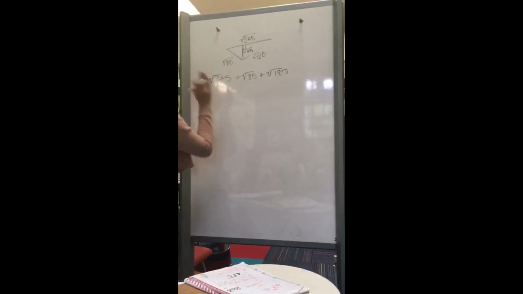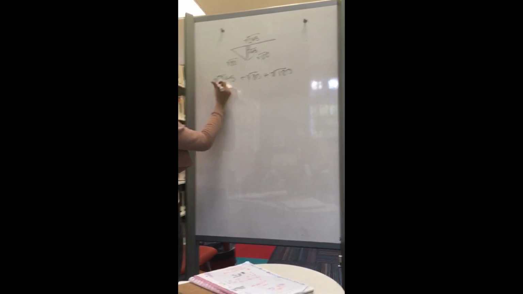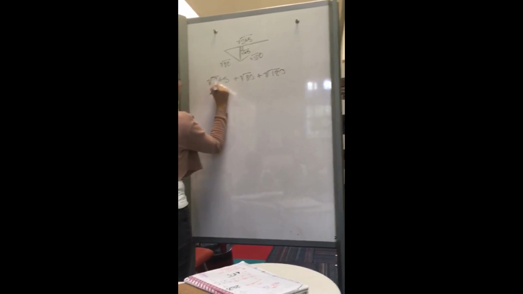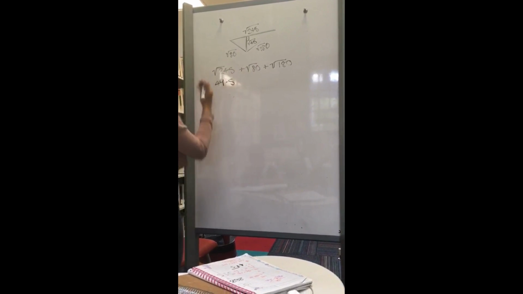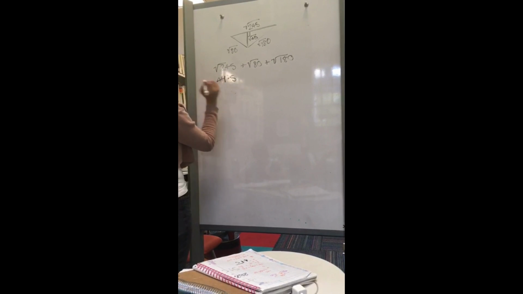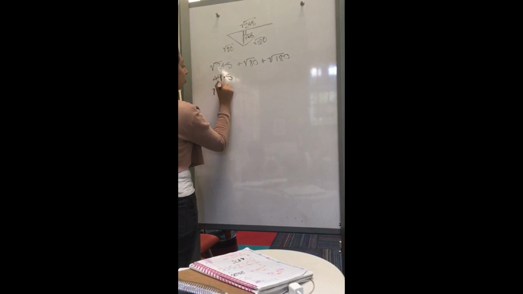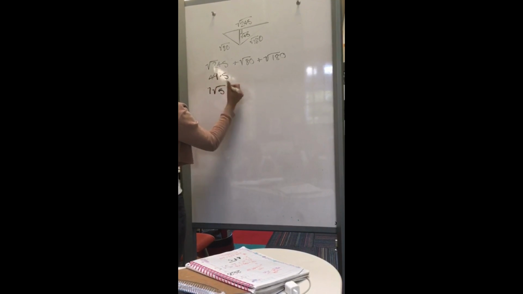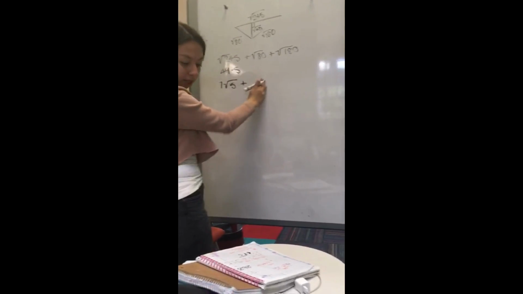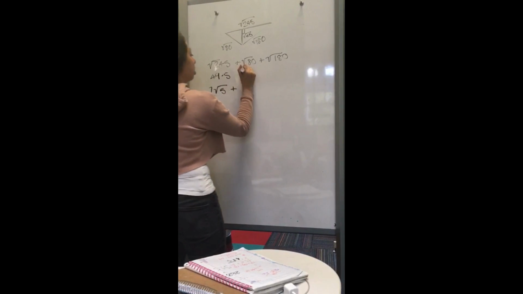Okay, so here the factors of 245 is 49 times 5. So the square root of 49 is 7, and 5 doesn't have a square root, so it stays like this. In 80, it's 16 times 5.